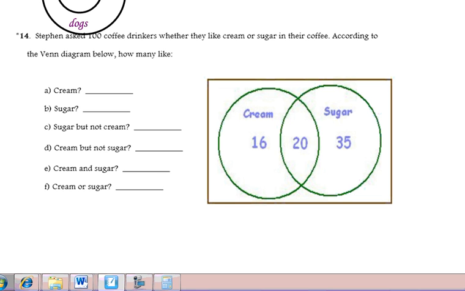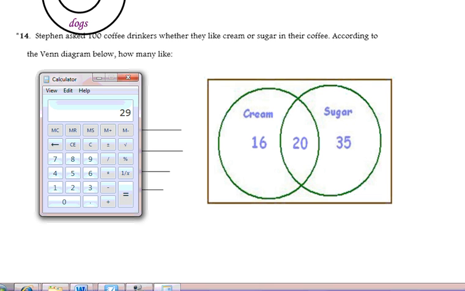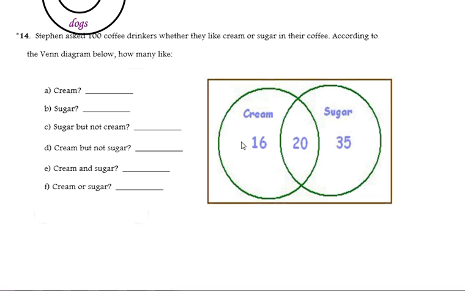So of the 100 people, how many of them, subtract that 71 that like cream or sugar, didn't like anything in their coffee? And that's 29. So we need to put that number aside because I bet they're going to ask us about that later. So I'm just going to put that right here.